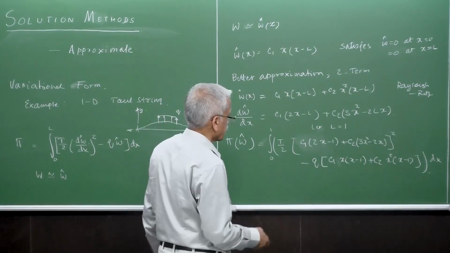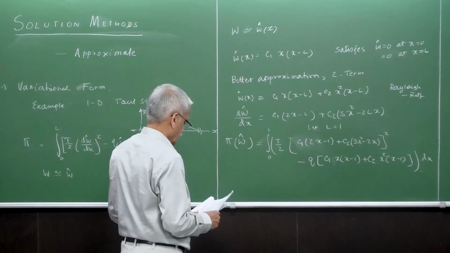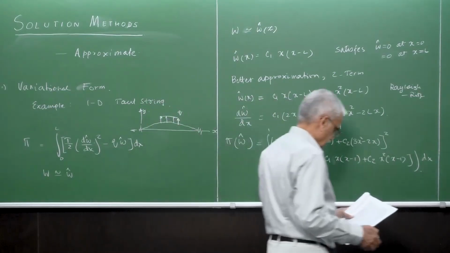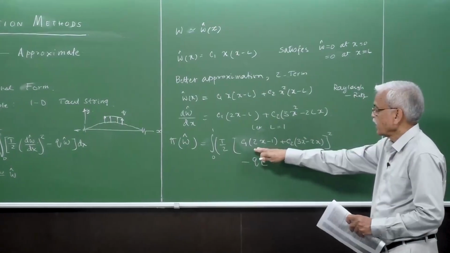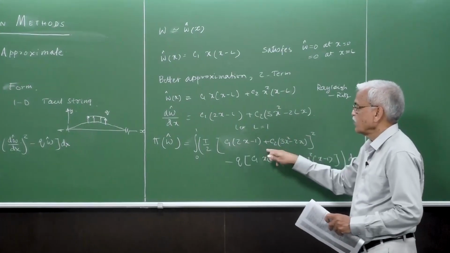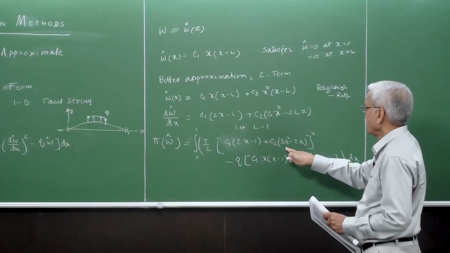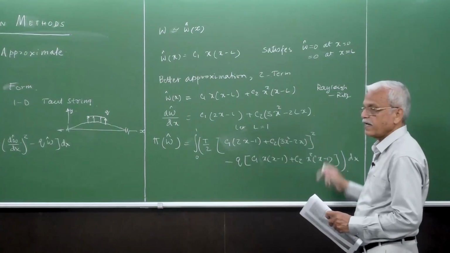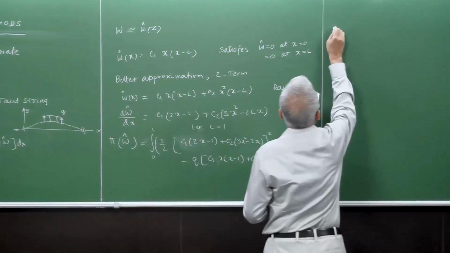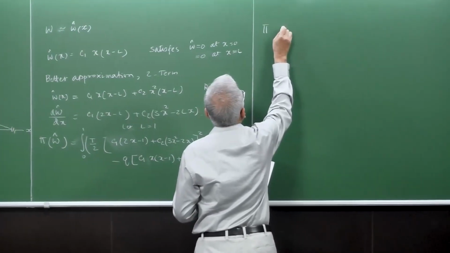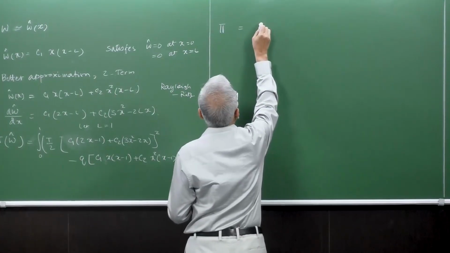We assume L equal to 1, and this is what we need to simplify. Okay, so you can expand this, quadratic it, and then C1 and C2 are constants, so the integration has to be performed for (2x minus 1) square and (3x square minus 2x) square and cross terms. I'll leave that as an exercise.